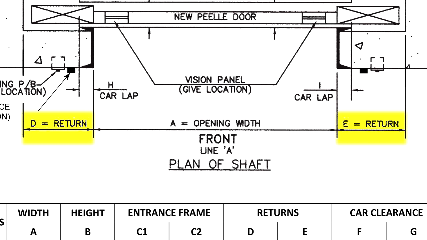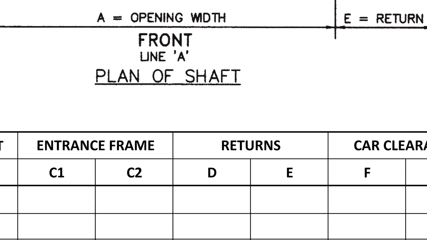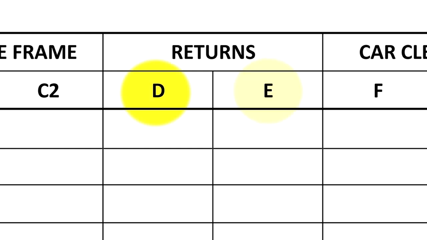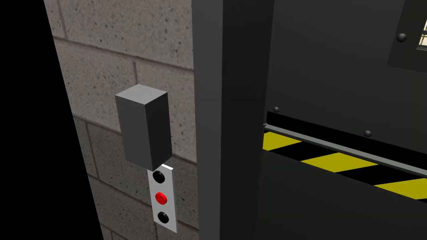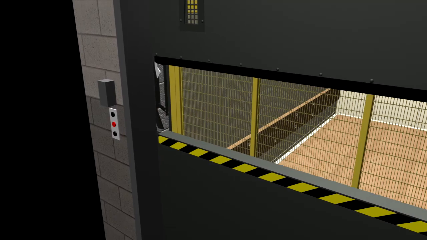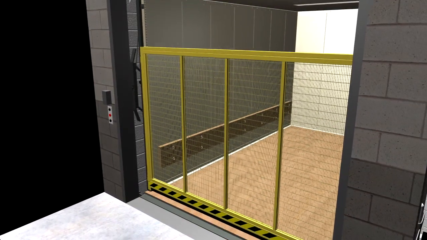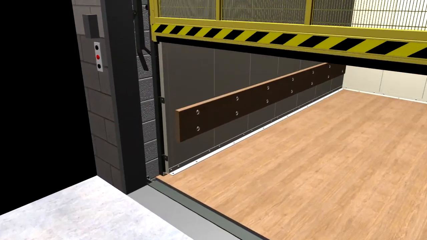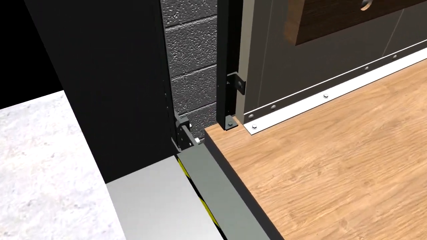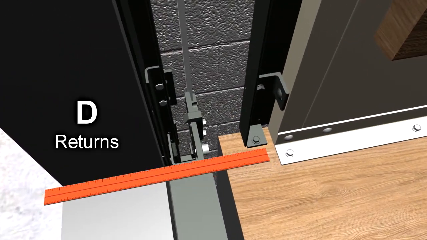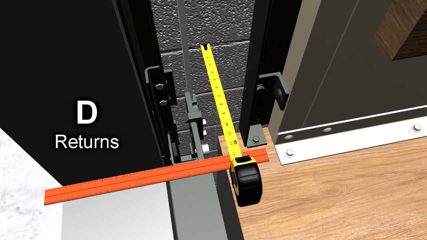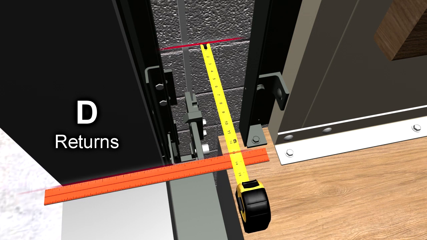Returns, dimensions D and E. Measure the returns at each landing. With the landing doors open, extend the tape measure into the return space until you touch the wall. You will need to use a straight edge in order to extend the jam edge.